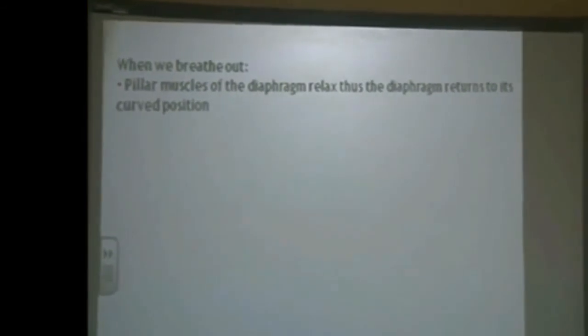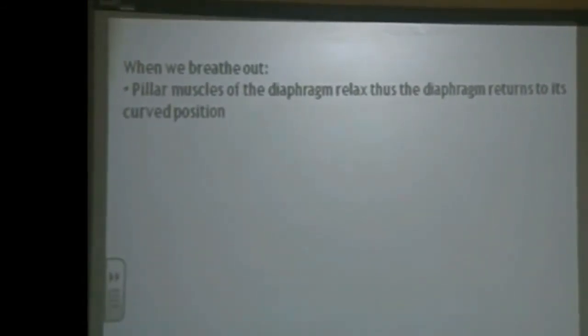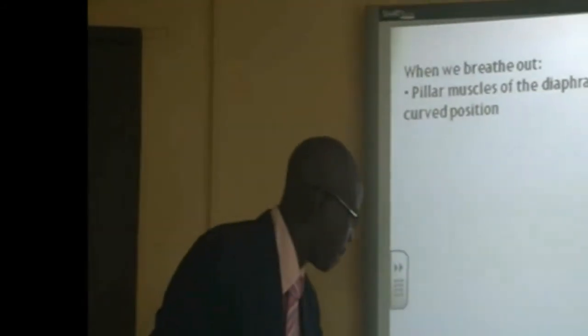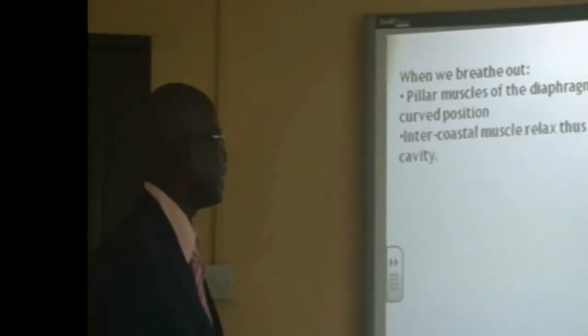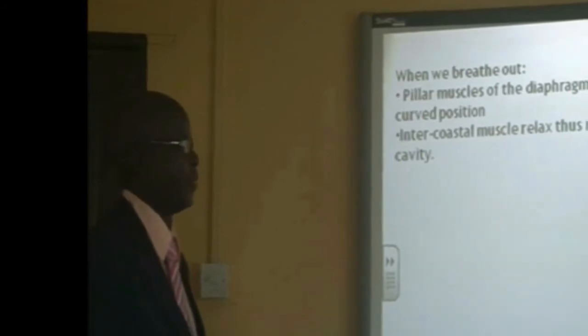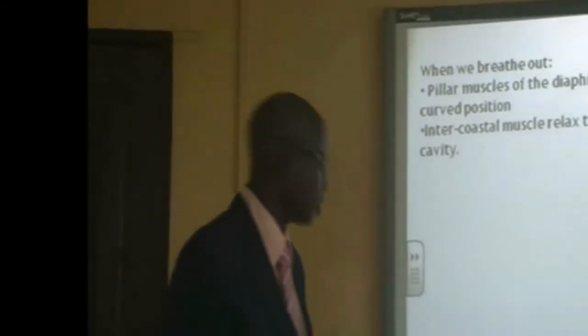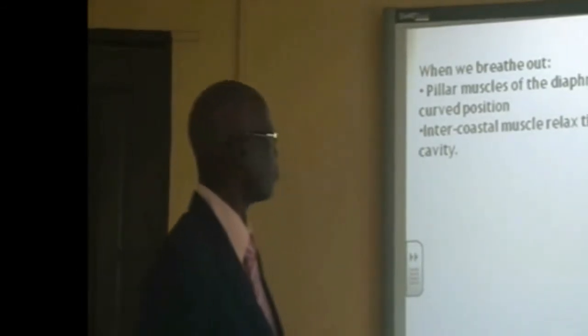Thus, the diaphragm returns to its curved position, the C-shaped position. The second thing is that the intercostal muscles relax, thus reducing the volume of the thoracic cavity, as I've shown before in the diagram.